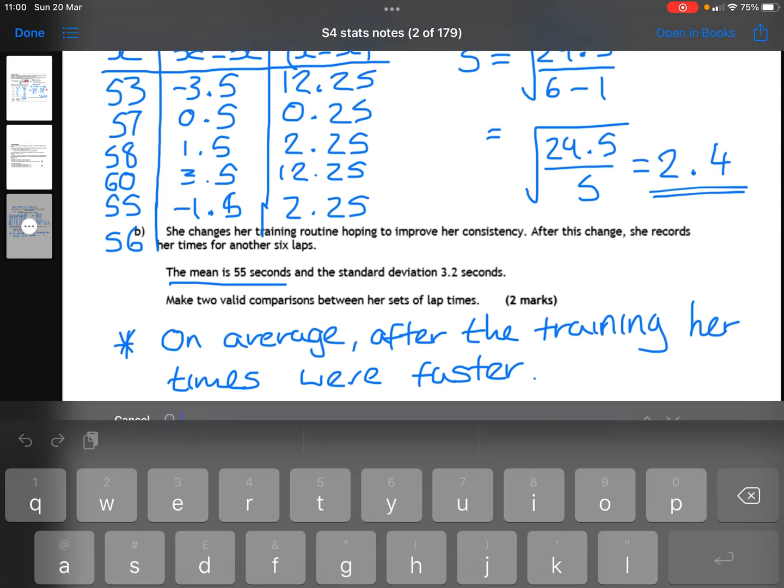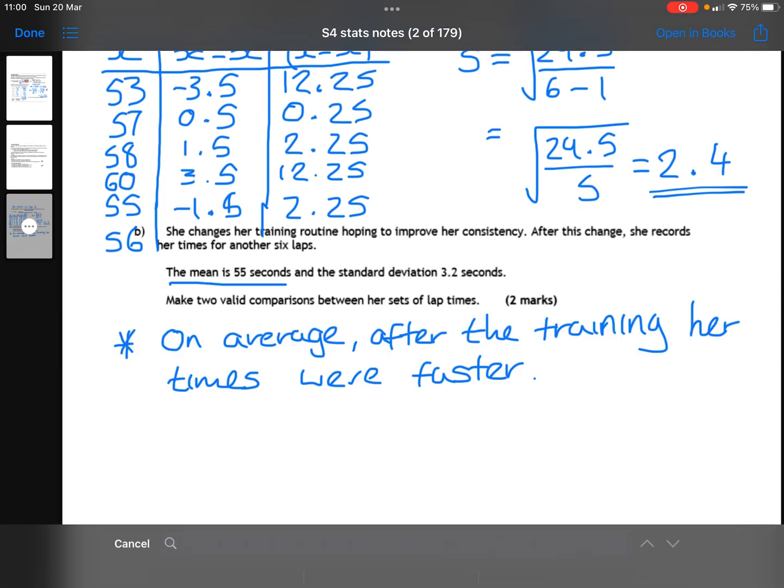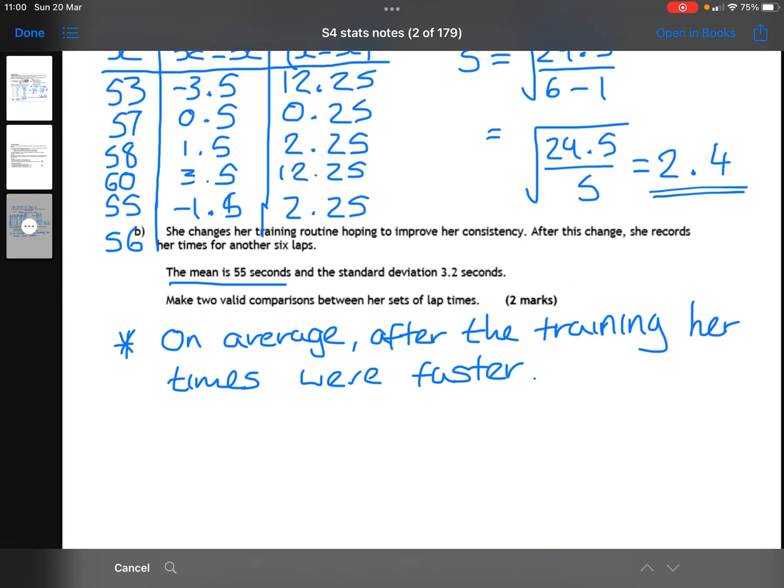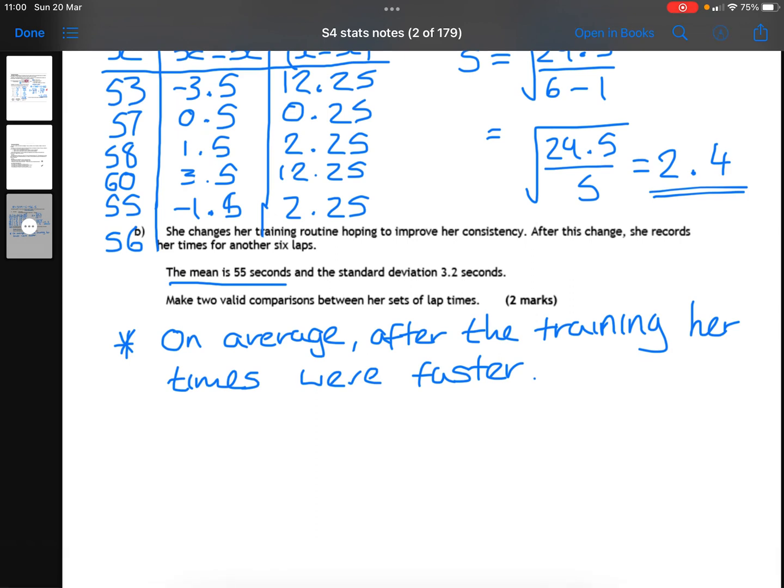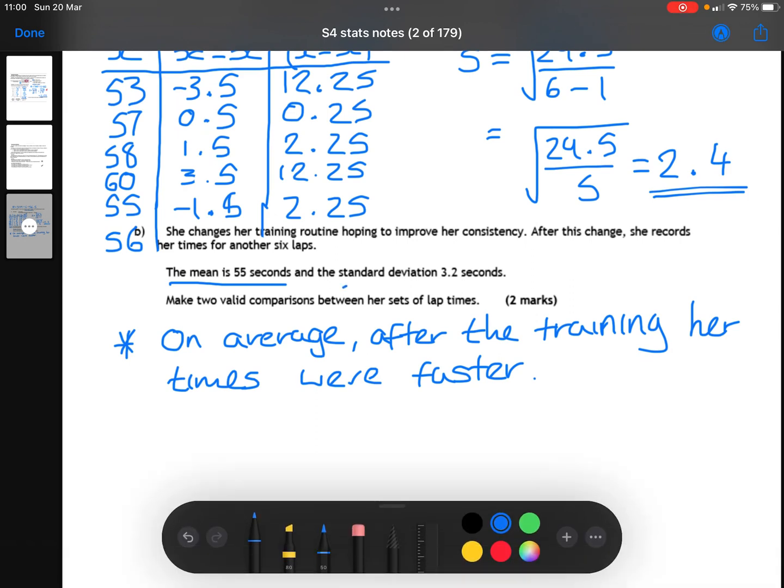The second comparison is for us to compare the standard deviation. Now, she's hoping to improve her consistency, which means for her to be more consistent, we would be looking for a smaller standard deviation. Now, our standard deviation was this value here of 2.4.